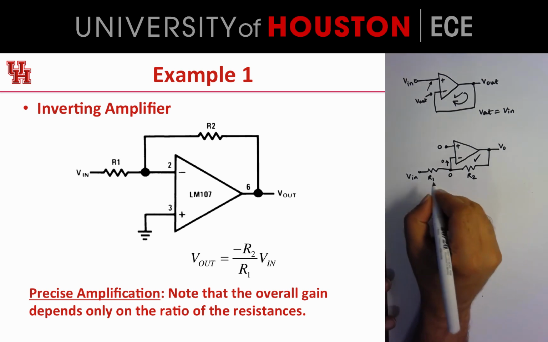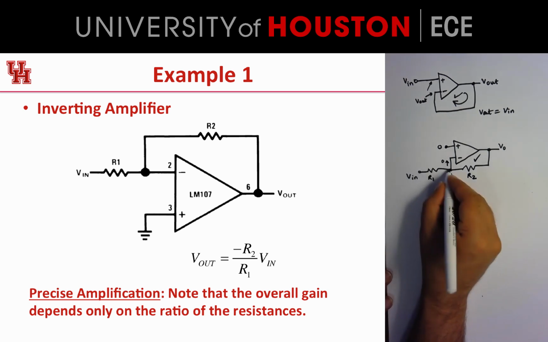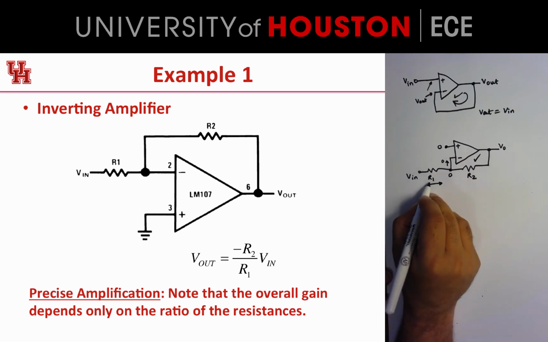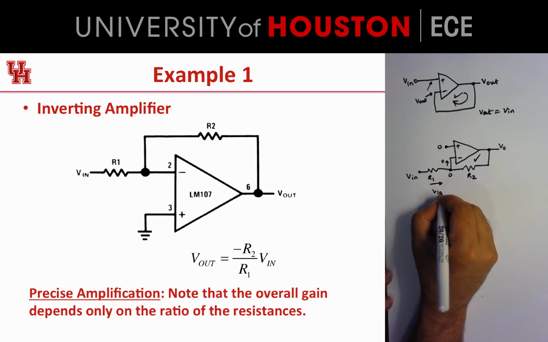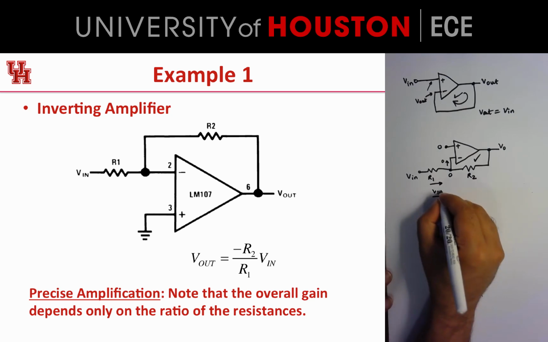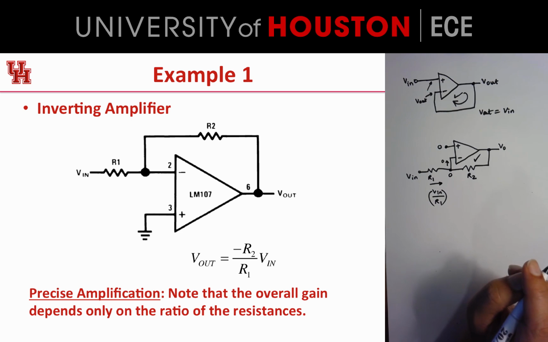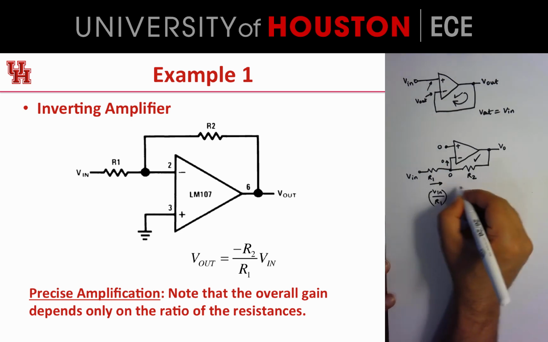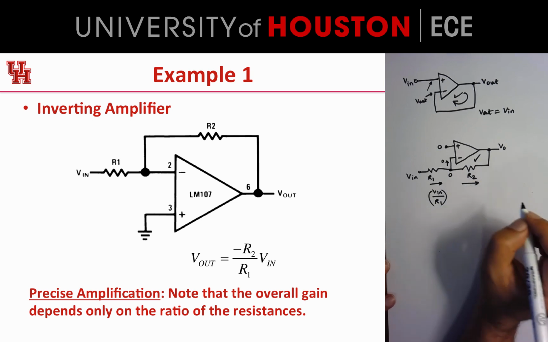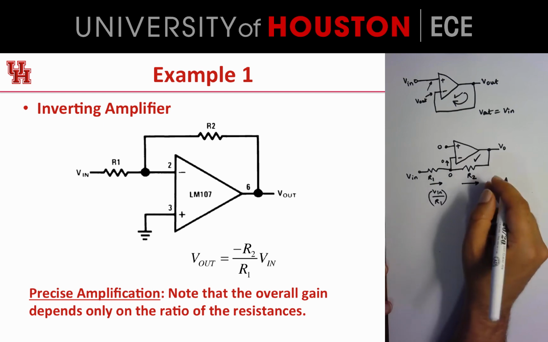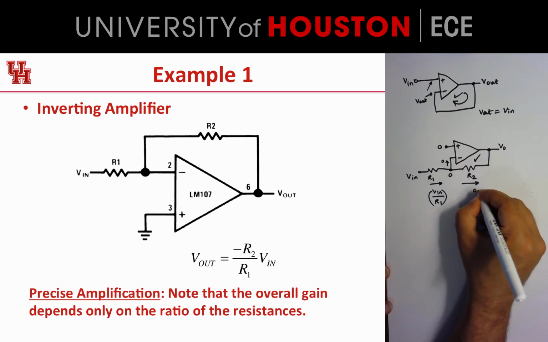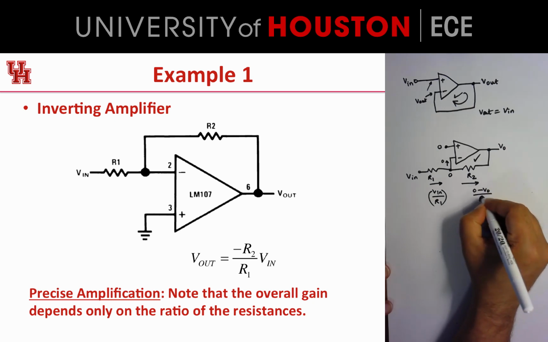So we know that this current going into this is going to be Vn minus 0 divided by R1. So it's going to be Vn divided by R1. So that's the current going in this way. Okay. So there is no current going this way. That means that all of this current is going to flow out like this, right? And this current is 0 minus V0 divided by R2.